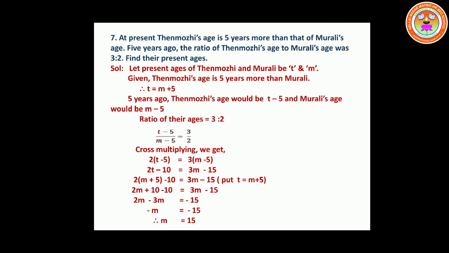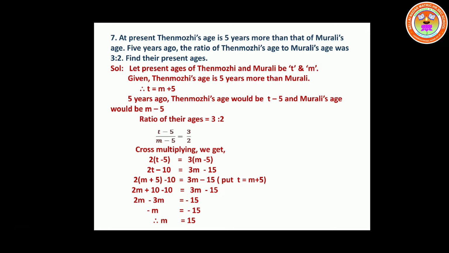Now I am going to cross multiply. So when cross multiplying, it becomes 2 into T minus 5, that is equal to 3 into M minus 5. Expanding the brackets, 2 multiplied with T and 5, it becomes 2T minus 10, and 3 multiplied with M and 5, it becomes 3M minus 15.